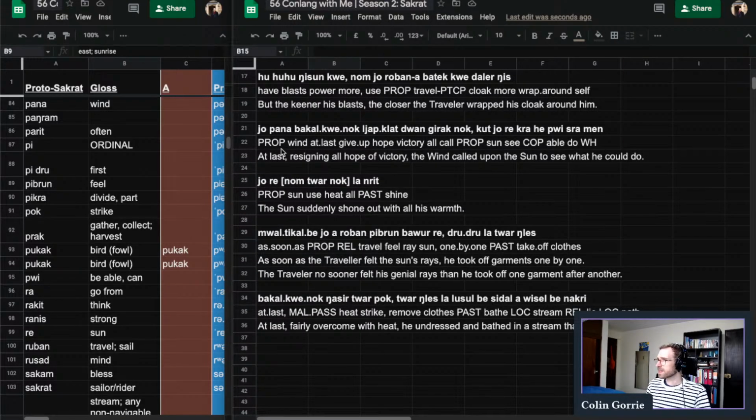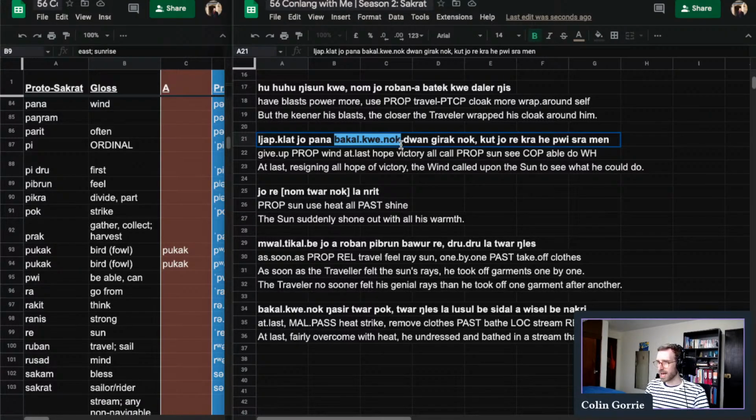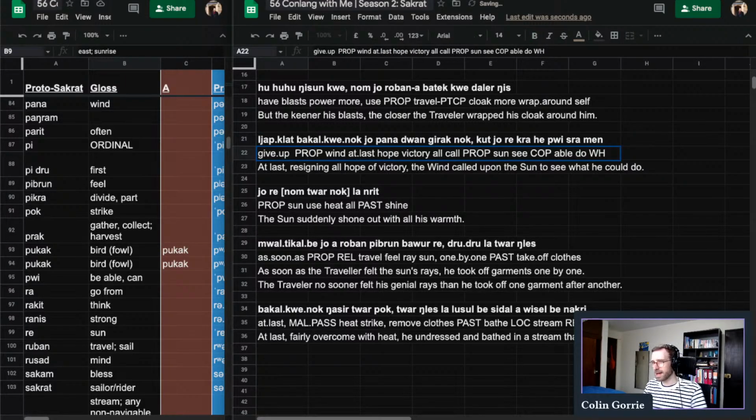All right, let's see what else we're doing here. So what's our verb here? Yapklat. So yapklat, to give up or abandon. Gave up. And I'm going to just reorder this adverbial here up under the verb. Gave up at last, the wind.